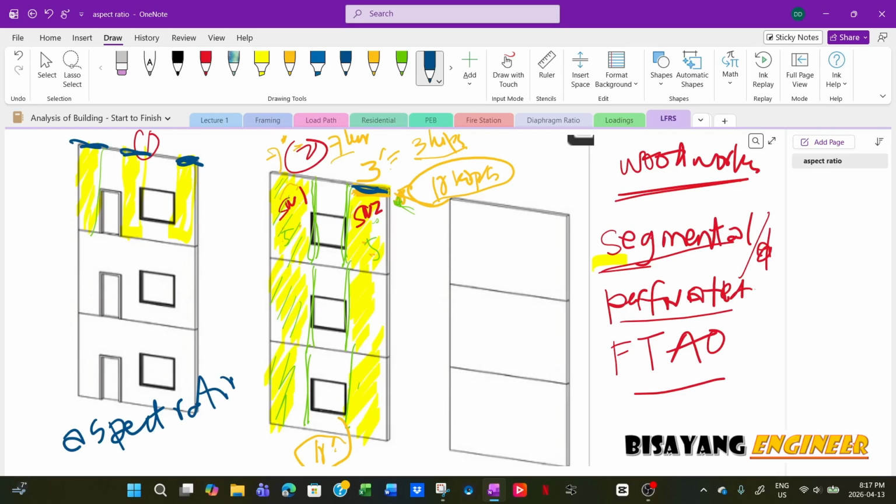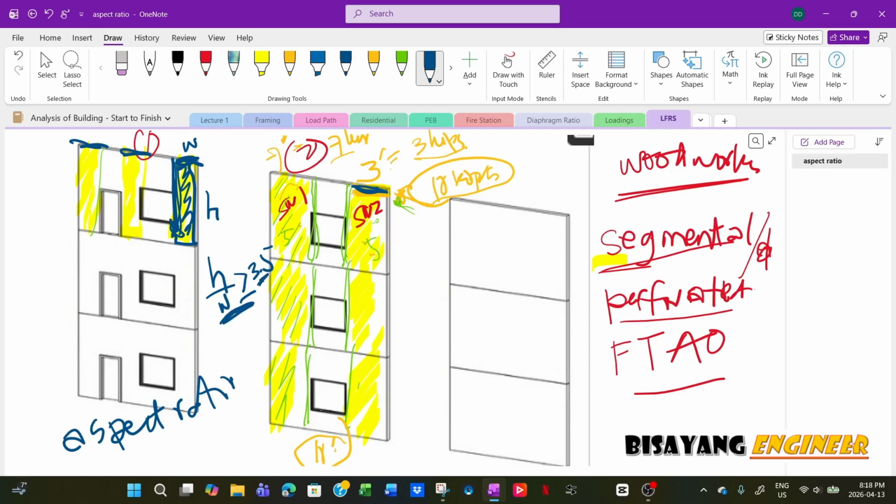For blocked shear wall, it is 3.5, I think. So the ratio of height versus width, h over w, should be greater than or equal to 3.5 before you can consider a particular wall segment as shear wall. It has to meet the aspect ratio.